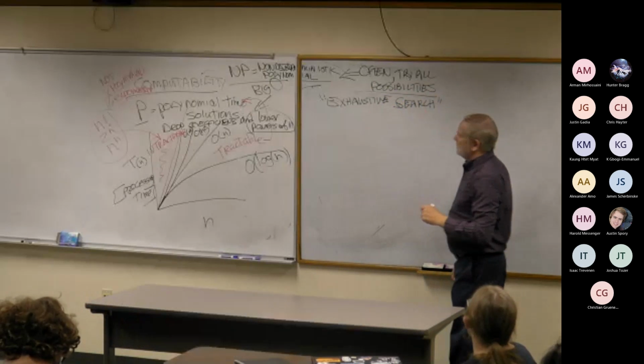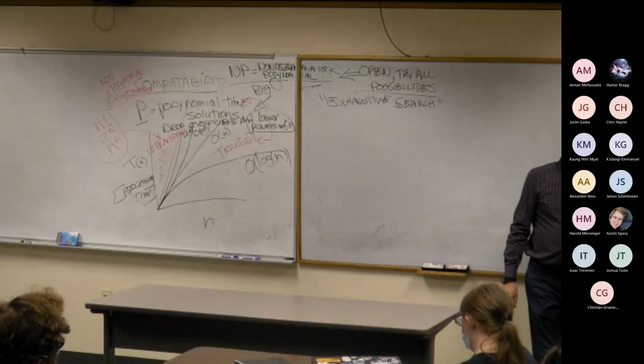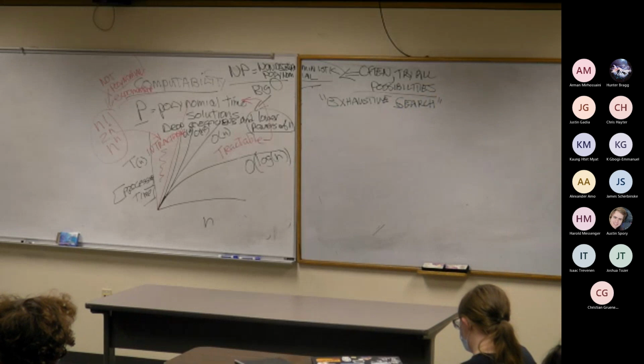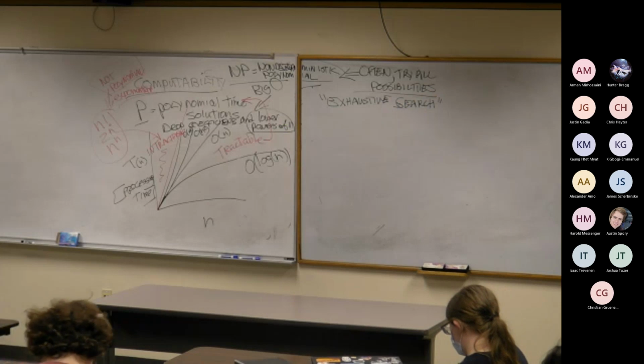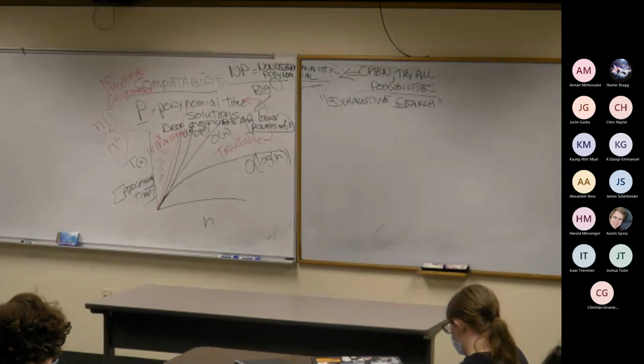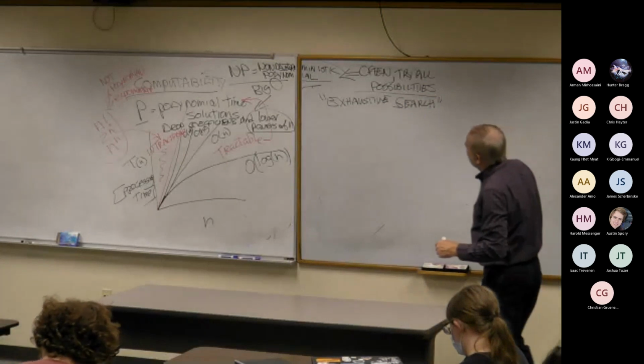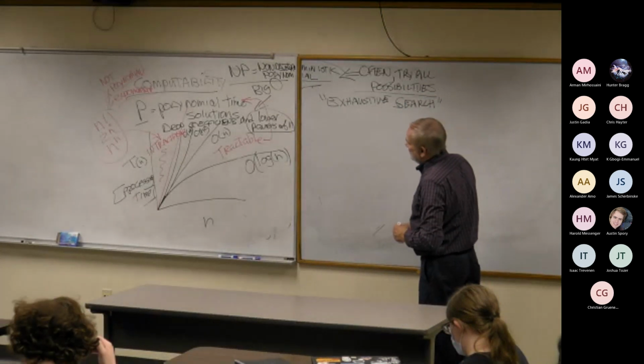Which basically means you have to try every possible combination of values in order to try everything to find out if any of them come up with the right answer you want.